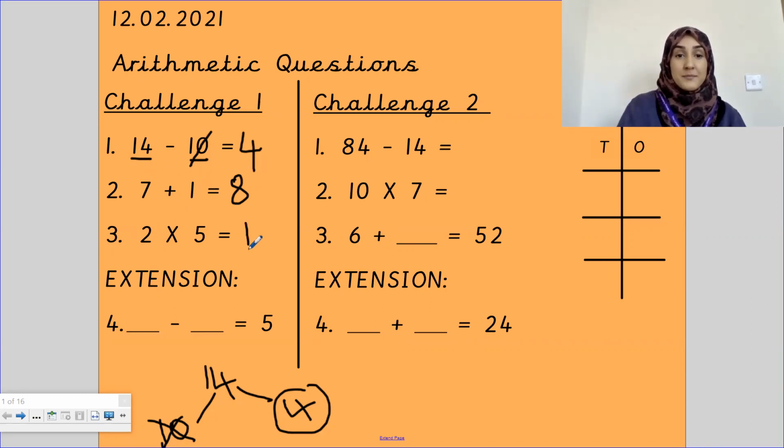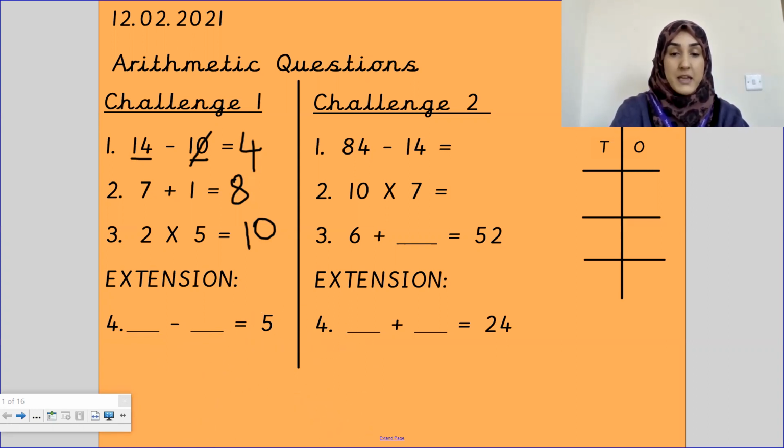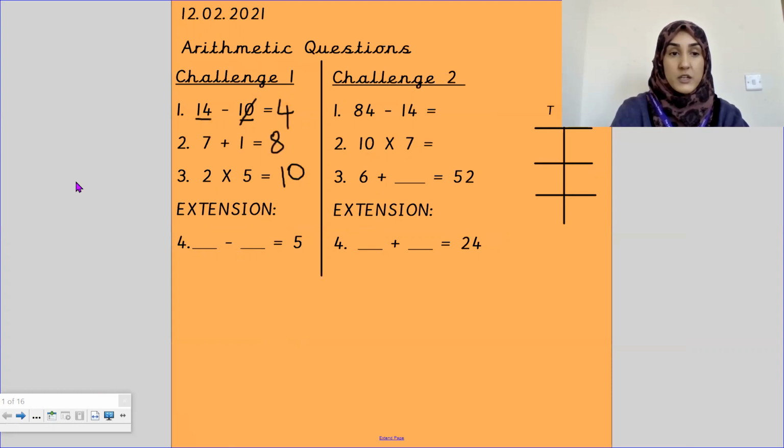Fantastic, well done. Next, I am going to take this away and extend the page, and we're going to go through some of the options when we take away and leave the answer with 5.